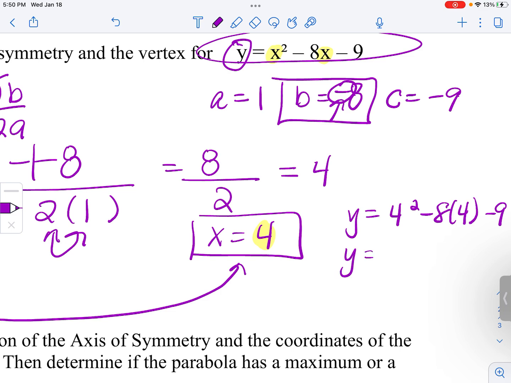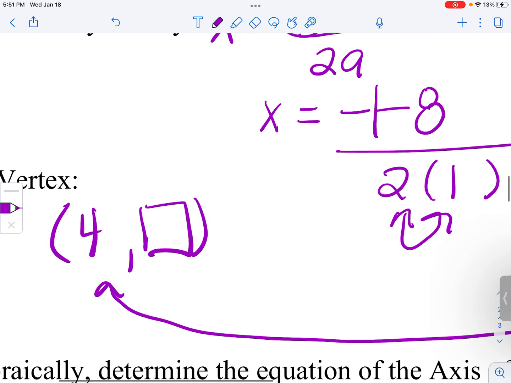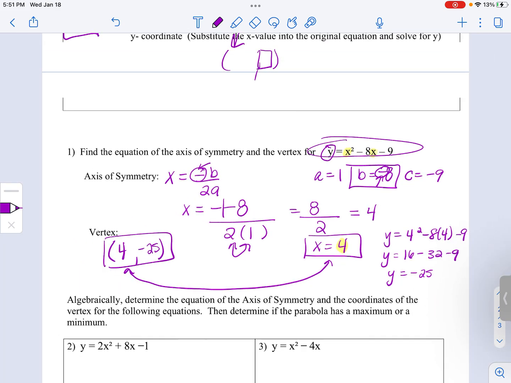So we have 4 squared is 16, minus 8 times 4 is 32, minus 9. And if you do 16 minus 32 minus 9, you should get negative 25. And there's your y.